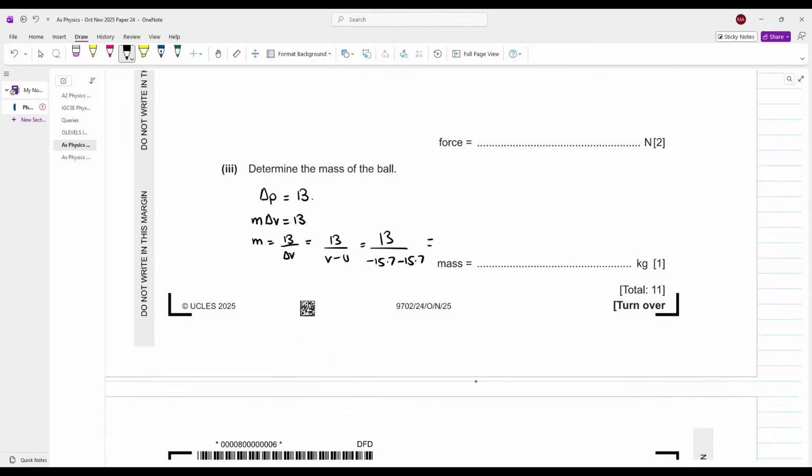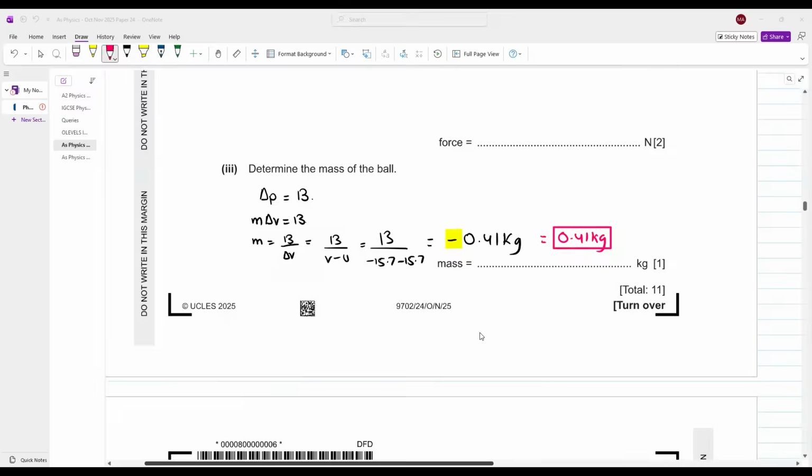Yes, your mass comes out to be negative 0.41 kg. You will ignore the negative sign. आप नेगेटिव साइन को इग्नोर कर दोगे. Your answer for mass comes out to be 0.41 kg. Always remember, mass can never be negative. Ignore the negative sign. You get your answer as 0.41 kg. Simple. आगे बढ़ते हैं.